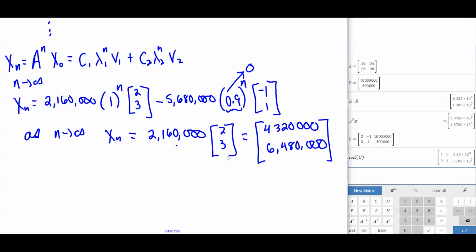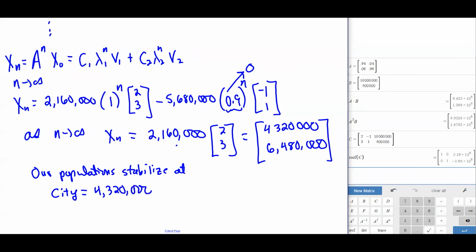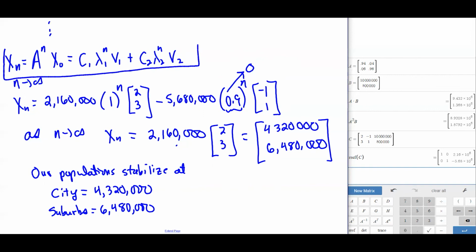So we would say our populations stabilize at, we'll say the city at 4,320,000 people, and the suburbs at 6,480,000. And getting this difference equation into this eigenvalue eigenvector form helps us determine this.